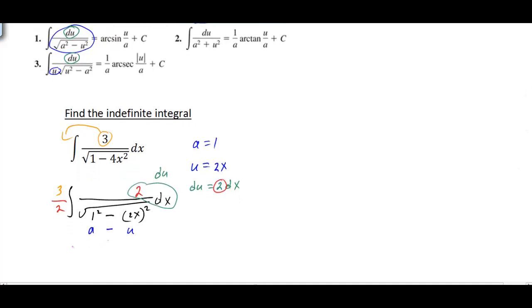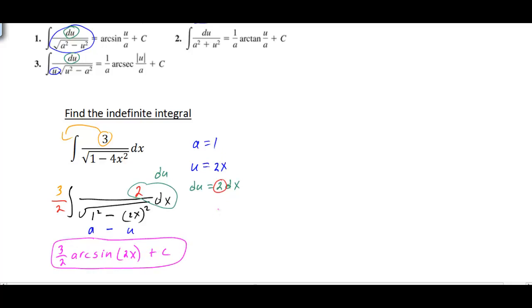So here we would have the 3/2, that's our multiplier out front, times the arc sine of u over a. Well, u is 2x, a is 1, so that's 2x over 1, or simply 2x, plus our constant c.